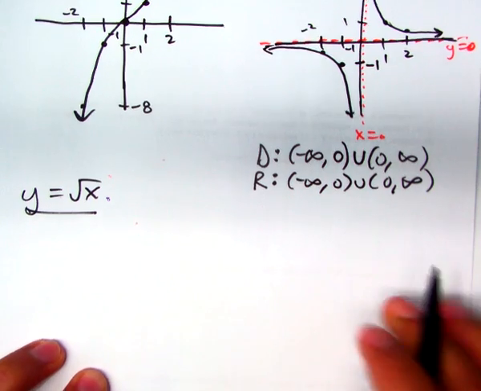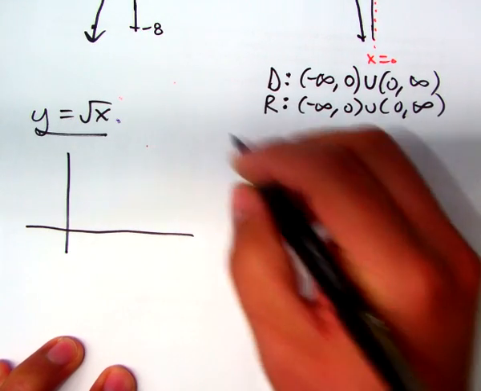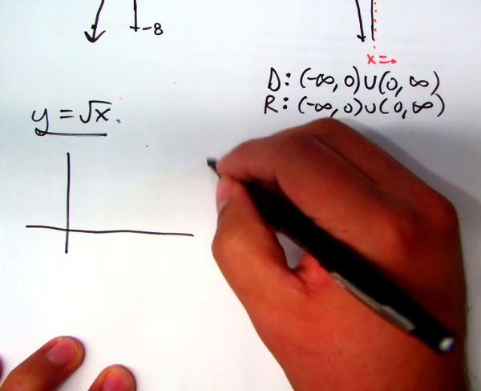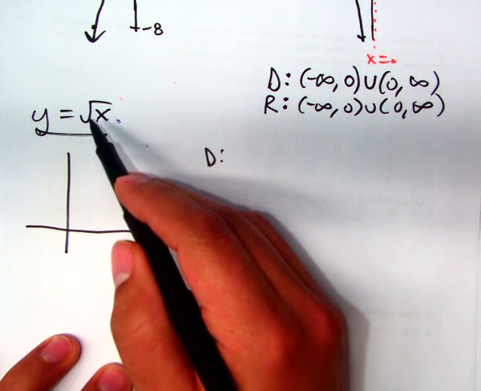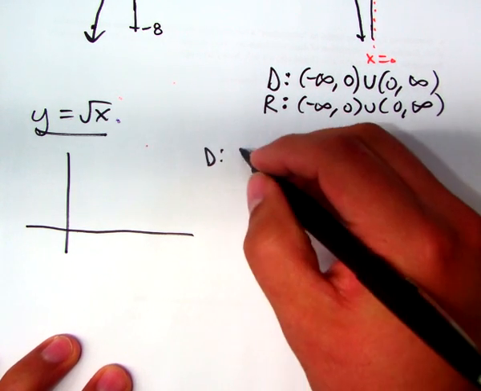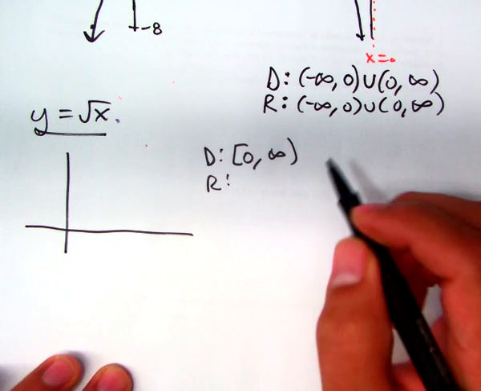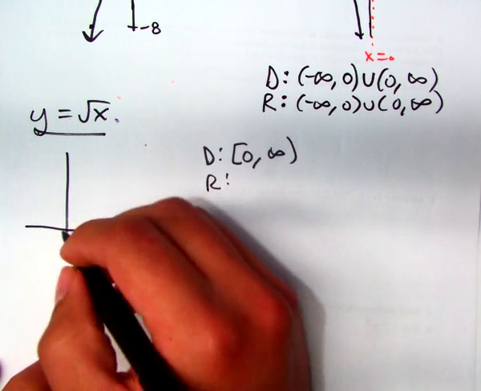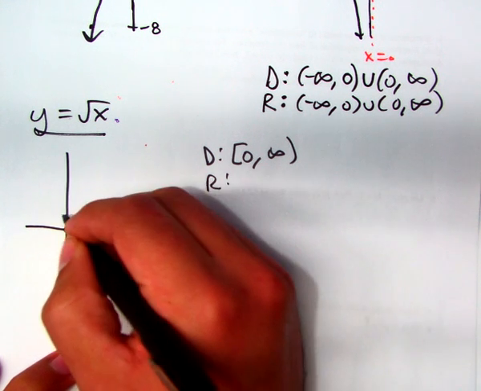Square root of x. In fact, you should already know the domain. What things can we not have inside the square root? Negatives. So the domain is 0 and above. The range, if you're not sure, let's start plugging in some numbers. The square root of 0 is 0. The square root of 1, 1.